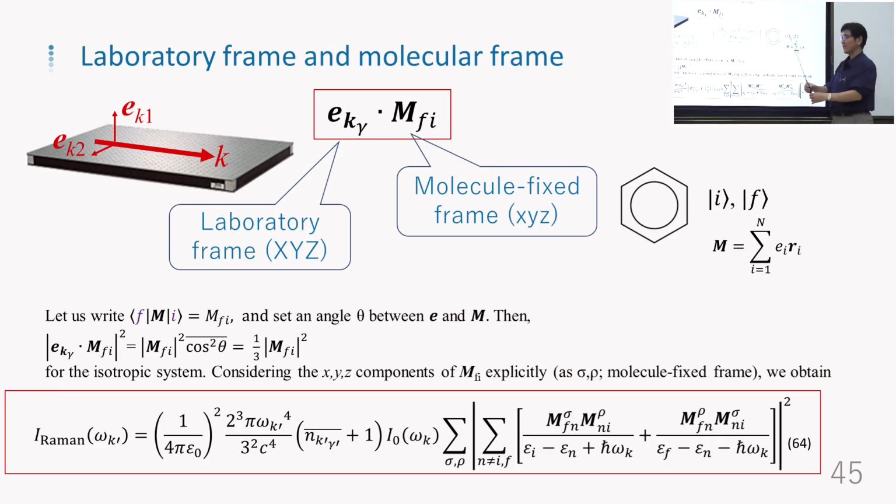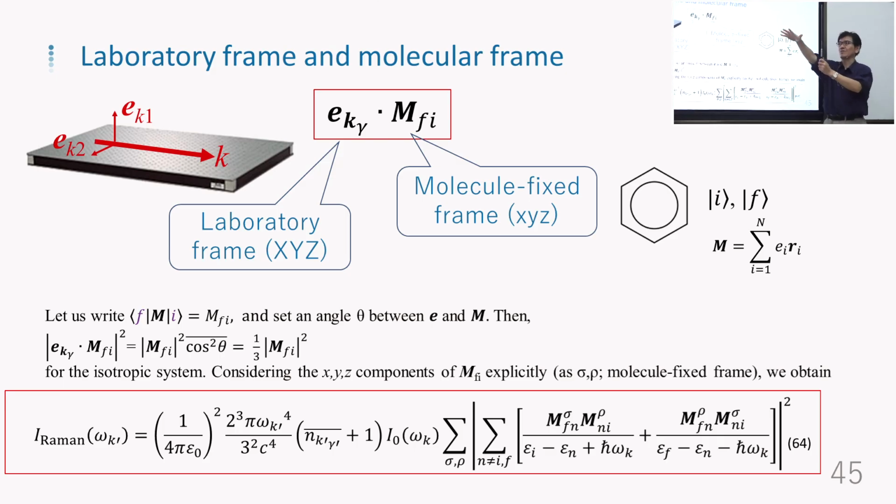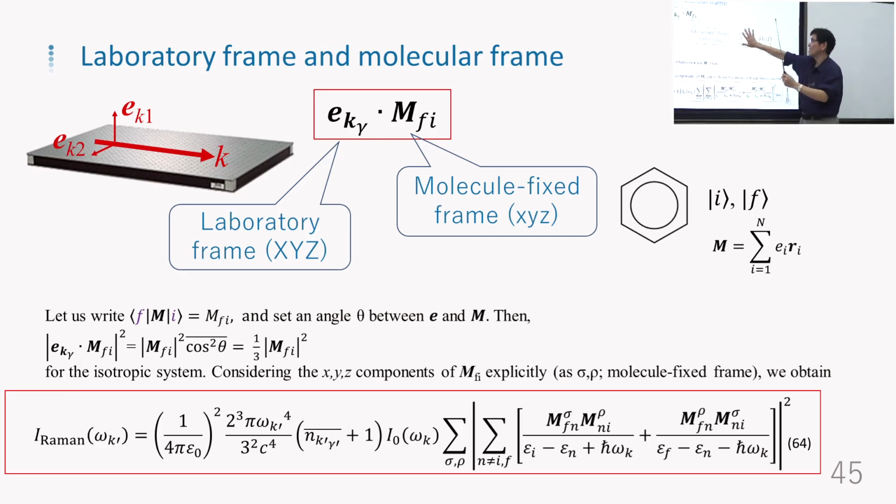In the laboratory, this molecule may direct this direction or this direction, this direction. In the solution, I don't know what is the direction of this benzene plane. It must be isotropic, randomly distributing.